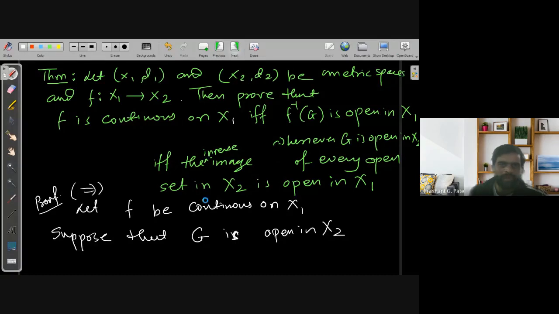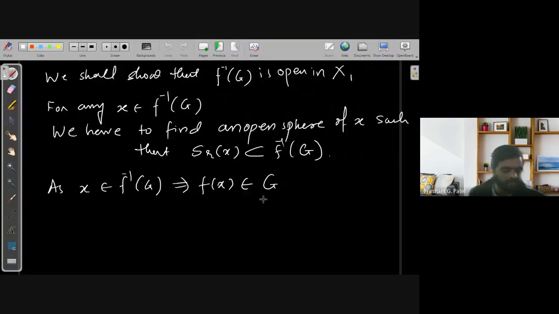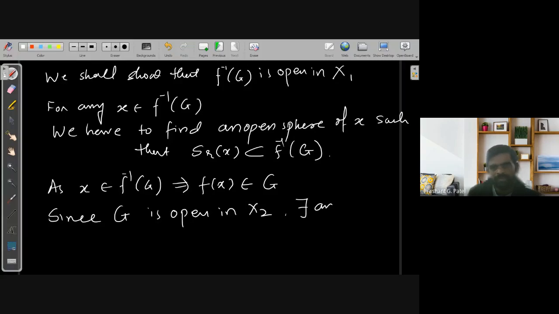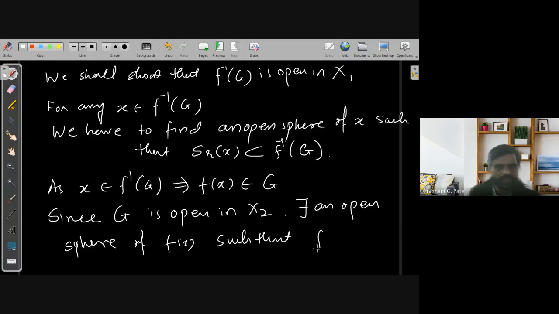So according to that, there exists some neighborhood of this f of x, that is, there exists an open sphere of f of x, denoted by S_R1 of f of x, which is a subset of G, as per the definition of G being open in X2.